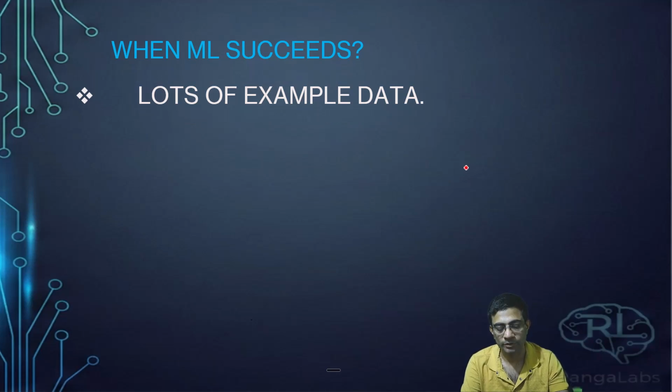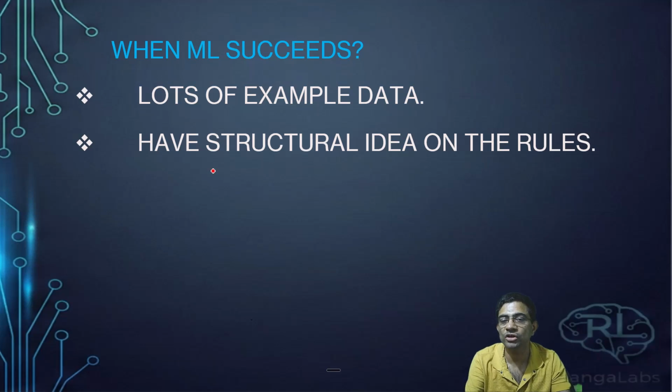Next, have a structural idea on the rules. Having a structural idea means, for example, if we are giving data examples of animals, and now we are giving examples of furniture, the machine learning algorithm will get confused.